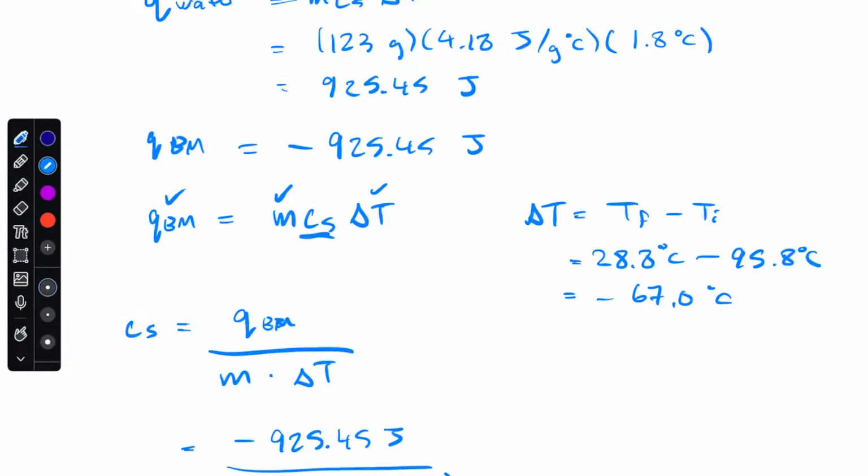Luckily, the negatives cancel, which is important because CS cannot be a negative number. We need a positive result here. And the number I got was 0.493 joules per gram degrees Celsius.